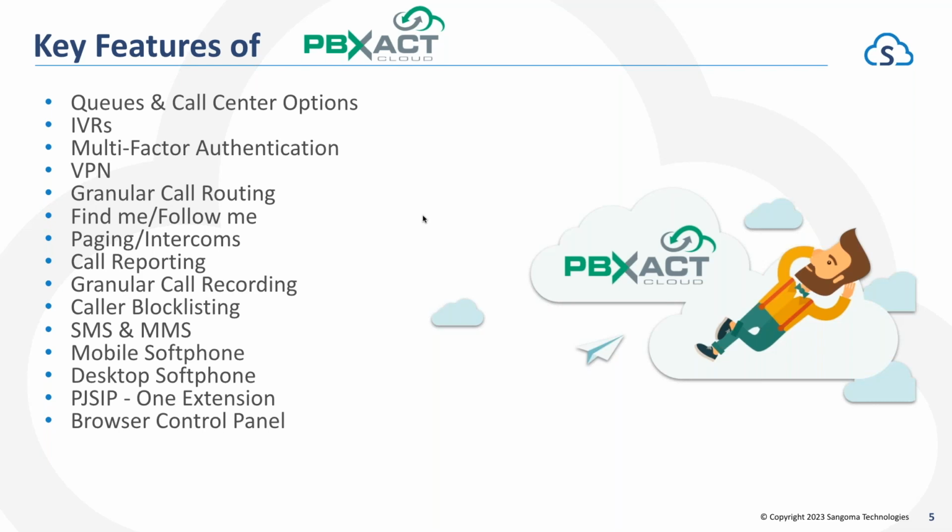Essentially, this means that you can have one extension to deliver all of your calls to for your devices. So in other words, if I am extension 101, I can get calls on my hard phone that's in my office delivered to extension 101. My mobile soft phone that's in my pocket is extension 101. My desktop soft phone is extension 101.